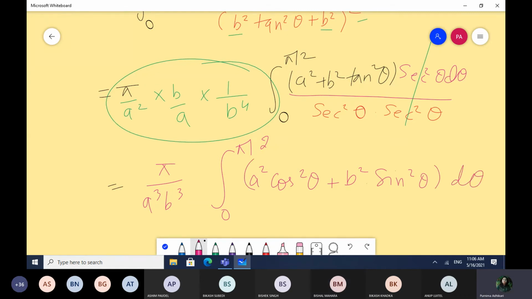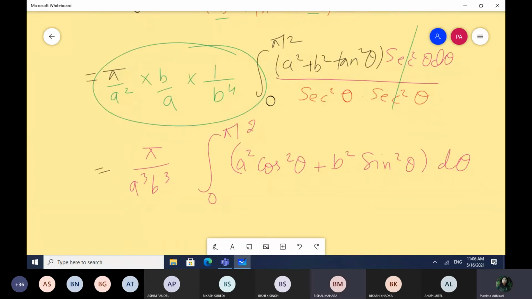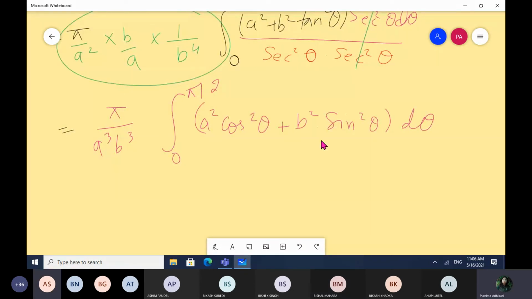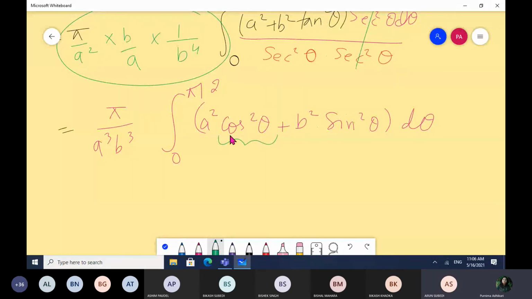Can you now integrate this function? Yes, ma'am. sin square theta can be integrated, cos square theta can be integrated. How do you change this expression to integrate? 1 plus cos 2 theta by 2. Very good. You can write cos square theta as 1 plus cos 2 theta by 2.